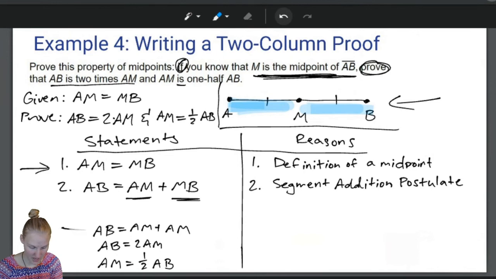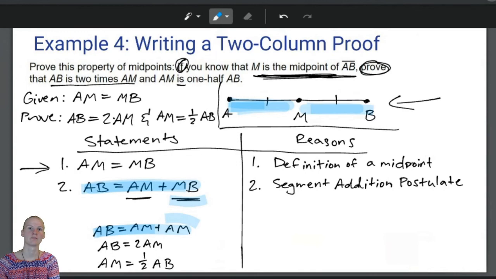But look at this. Here, let me highlight it. This is the exact same as this, only the MB has turned into an AM. But I can do that. I can turn an MB into an AM because they're the same. AM and MB are the same. Woohoo! This is a fantastic breakthrough.